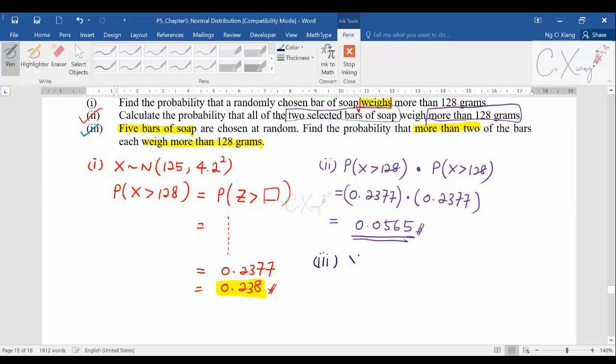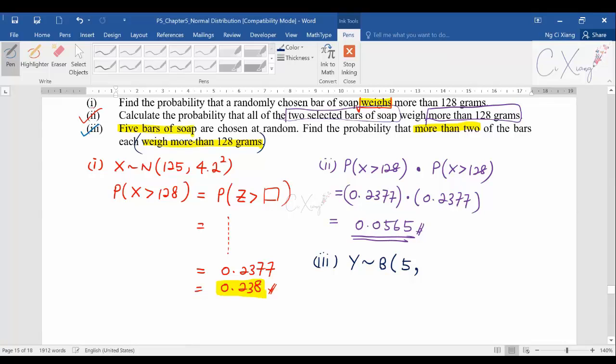Maybe Y is the number of soaps. X is the weight, so I don't want to use X anymore. I will use Y. Y is the number of soaps. Therefore, originally it is binomial distribution, 5 soaps in total, and they want to calculate the probability for more than 2 of them weighing more than 128. So the something happened is weight more than 128.